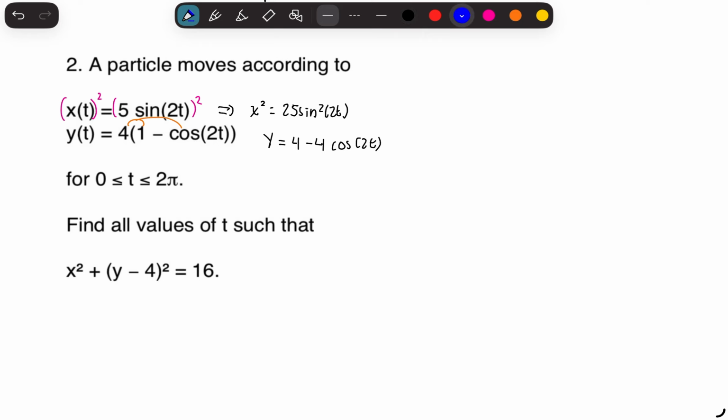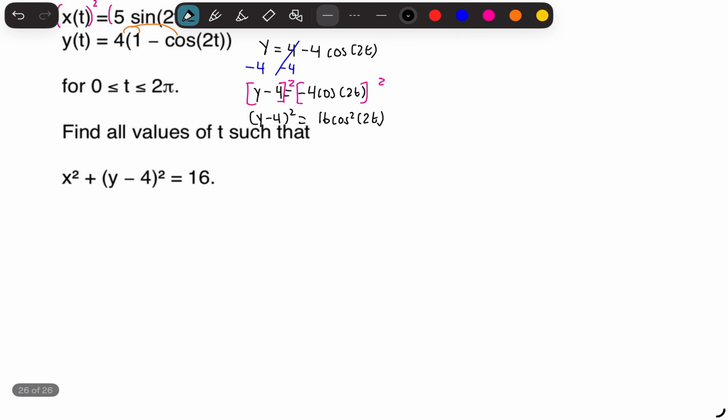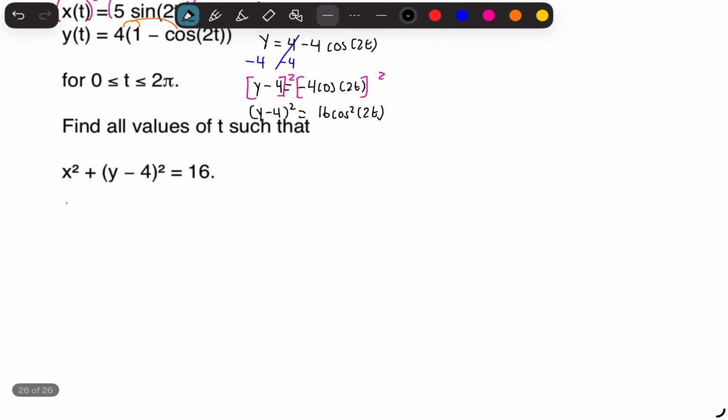Now you would subtract your 4, and you have y minus 4 is equal to negative 4 cosine 2t. Now you just square like you did before, and you are going to get y minus 4 squared is equal to 16 cosine squared 2t. Now you would just substitute these values into here.